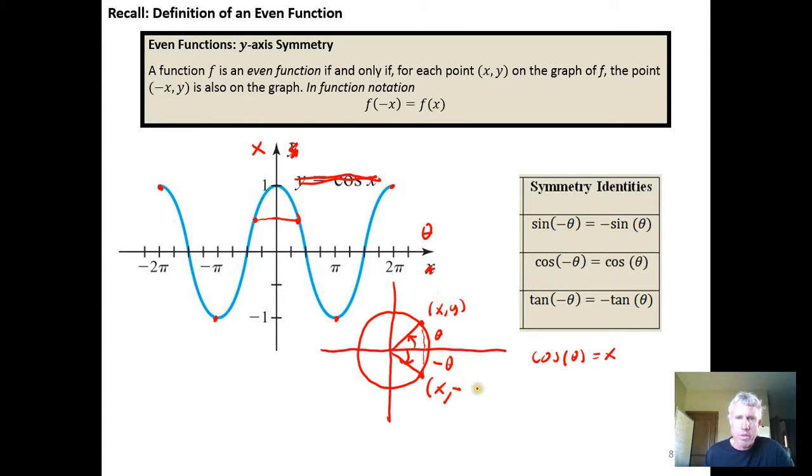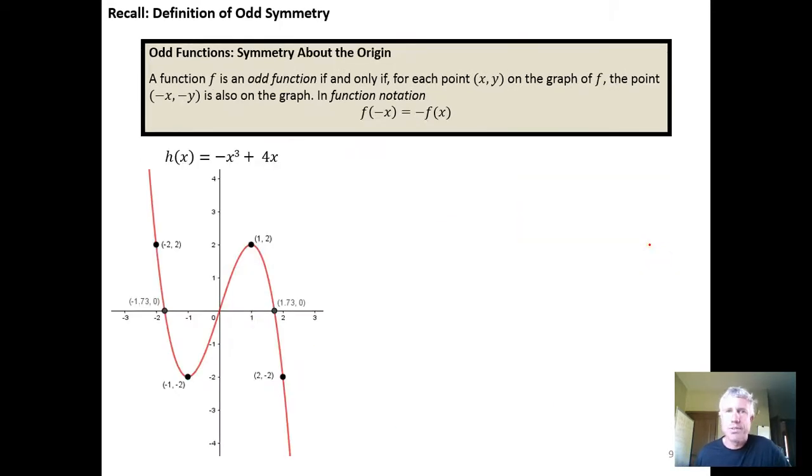The y-coordinate becomes the opposite of what it was because it is now below the x-axis. But when I rotate through an angle of negative theta, I still get the same x-coordinate that I got when I rotated through positive theta. So the cosine function has even symmetry, which is why we can say that the cosine of negative theta equals the cosine of theta. Cosine function, reflection in the y-axis.